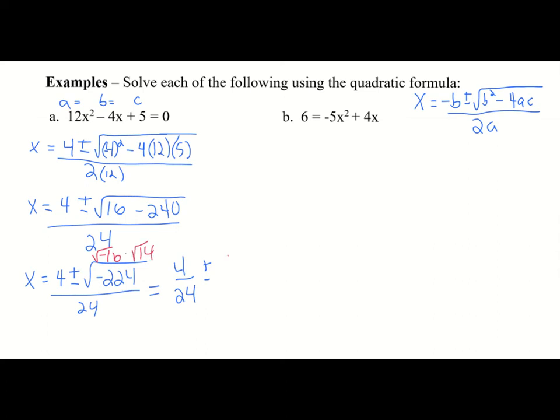So it's going to become 4i square root 14 over 24. And then the last thing we can do is we can simplify those fractions. 4 over 24 can simplify to 1/6 plus or minus, and then the 4 over 24 again can become 1/6, so i square root 14 over 6 is our final answer there.